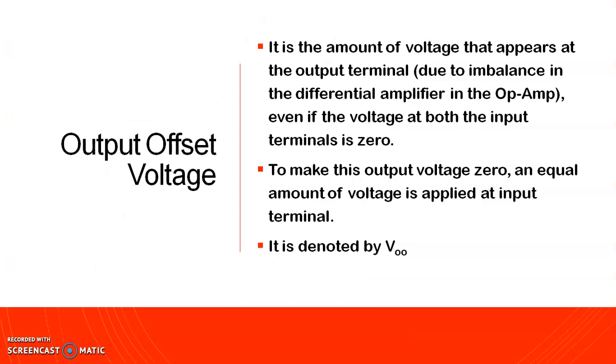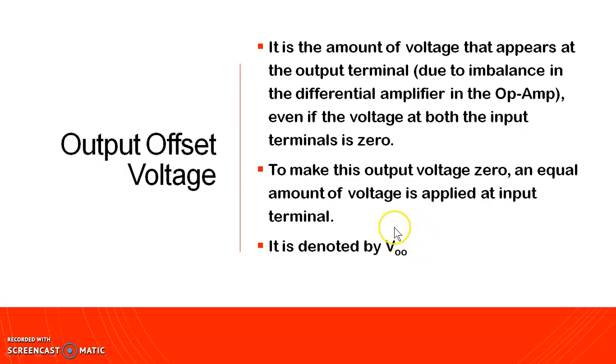Then the second one is output offset voltage. As we discussed in the earlier case, that is in case of first parameter, input offset voltage, there is some voltage seen at the output even if you don't apply any input voltage. So this amount of voltage which appears at the output is called as the output offset voltage, denoted by VOO.